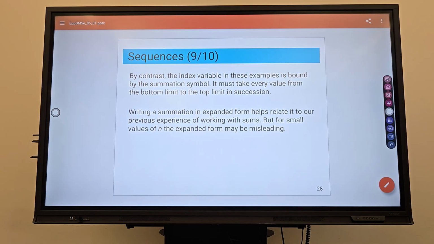It must take every value from the bottom limit to the top limit in succession. Writing a summation in expanded form helps relate it to our previous experience of working with sums. But for small values of n, the expanded form may be misleading.